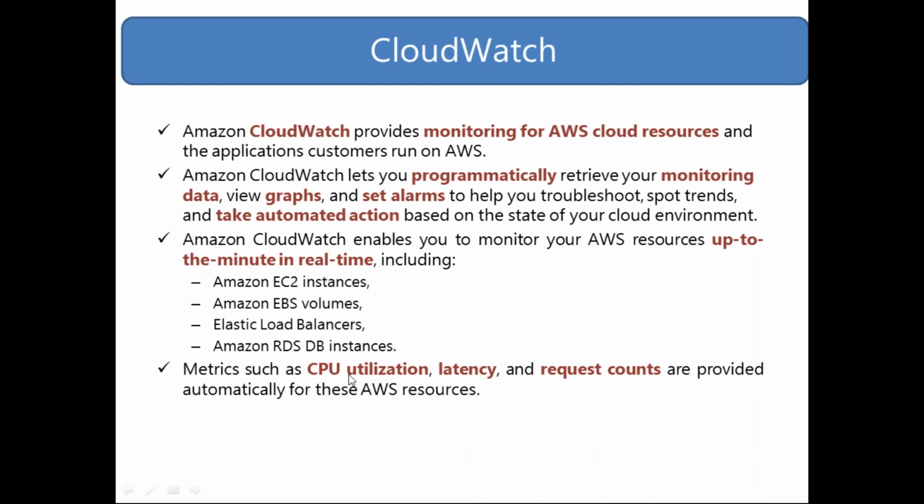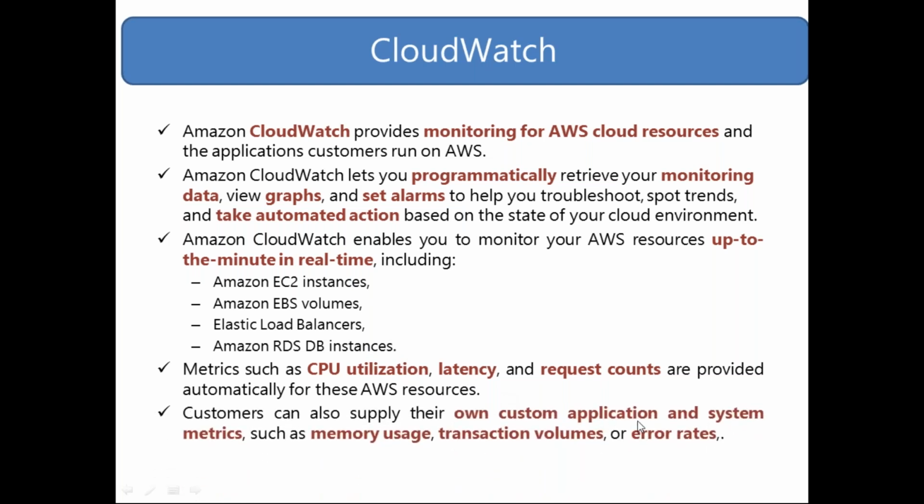Some of the metrics are CPU utilization, latency, and request count, meaning how many requests the EC2 instance is receiving. All those things it will monitor, so for this much there is no cost. But if you enable your own custom application metrics, system metrics, memory usage, transaction volumes, or error rates, then you need to pay extra.